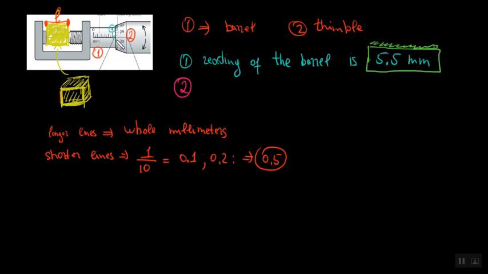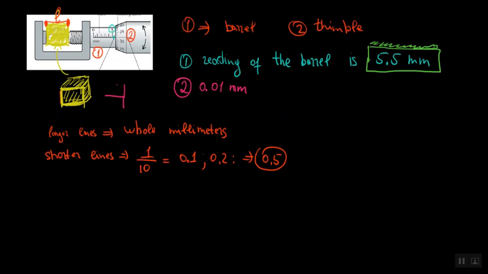So each of these smaller lines is showing 0.01 millimeter. But as you see, it doesn't start from 0, it is just between 0.30 and 0.35. So I have to look at where the barrel and thimble meet each other like a perpendicular line.